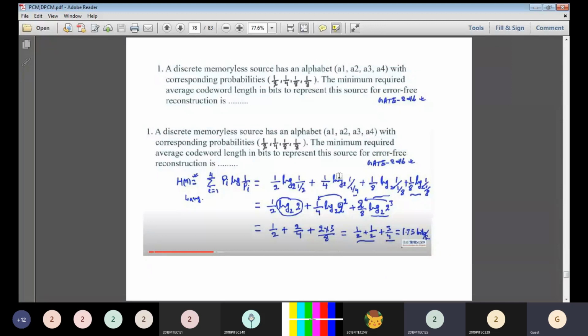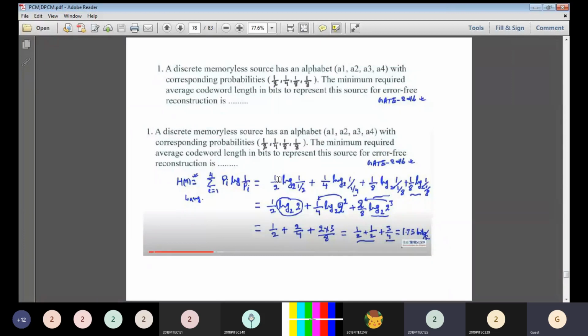So we have to find out the entropy first. H of X equal to summation of i varies from 1 to 4, Pi log of base 2 into 1 by Pi. So what are the probabilities we have? We have four probabilities: 1 by 2, 1 by 4, 1 by 8, and 1 by 8.